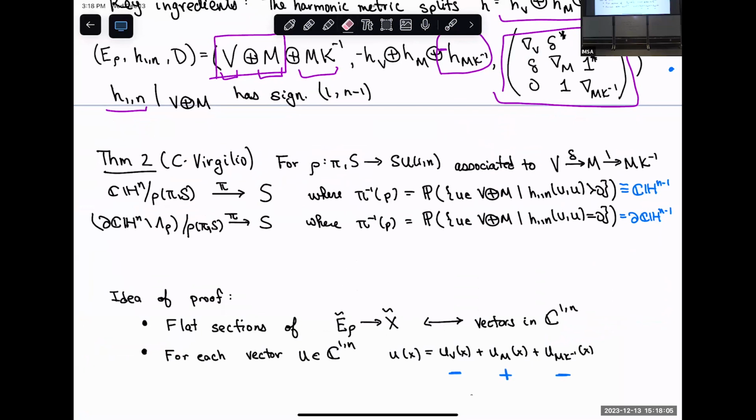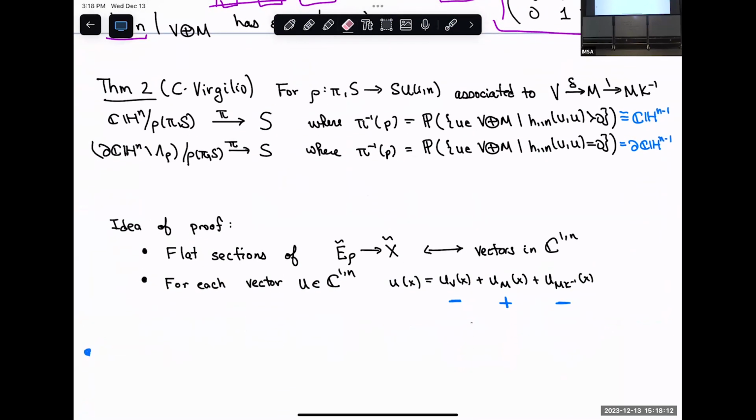And here's the idea of the proof, which I'll tell you a little bit about at least. So the first parts are easy. I'm going to pull back my flat bundle to the universal cover. Flat sections of that pullback are identified with vectors in the fiber, which is C1n. And for each vector u in C1n, if I think of that as a flat section, I get to decompose it as a sum of different pieces where I project onto each of the summands.